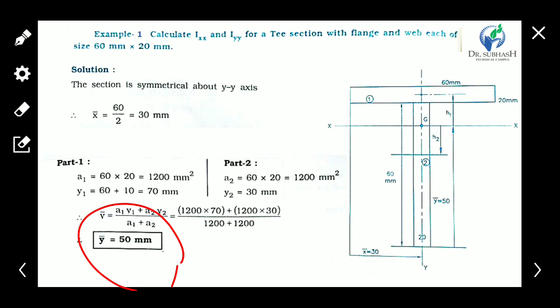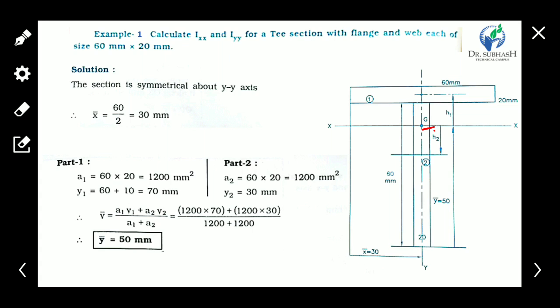Now we have a CG at a height of 50 mm from the base, and from this reference point its distance is 30 mm. Clear that?